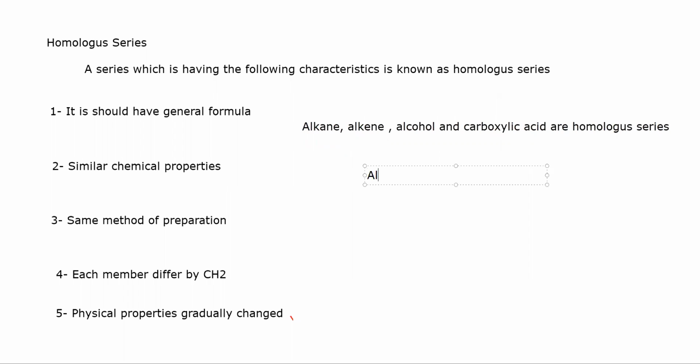For alkane, the general formula is CnH2n+2. For alkenes, the general formula is CnH2n.